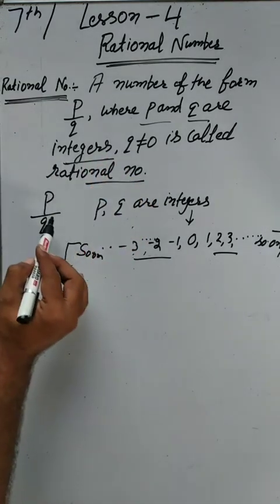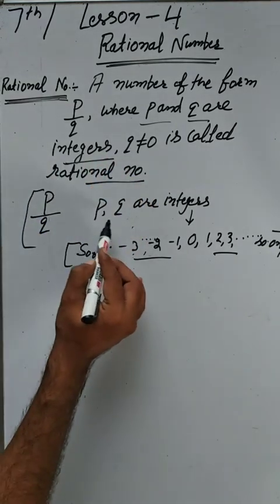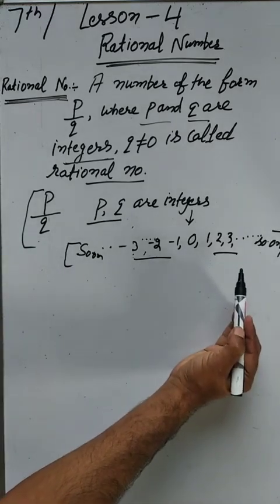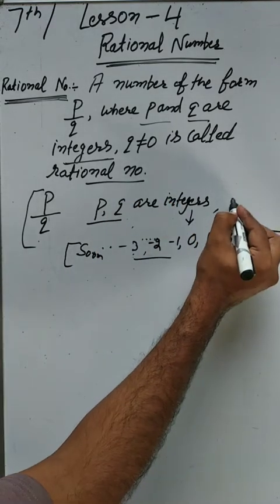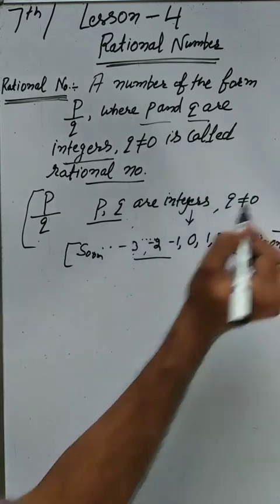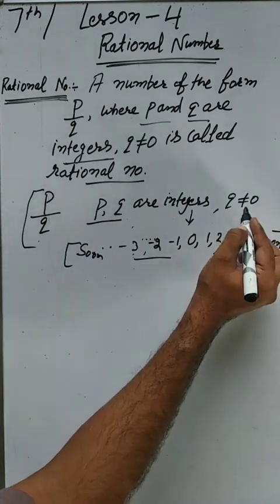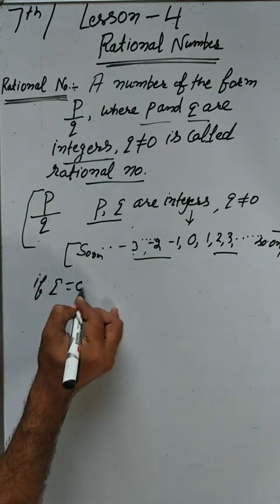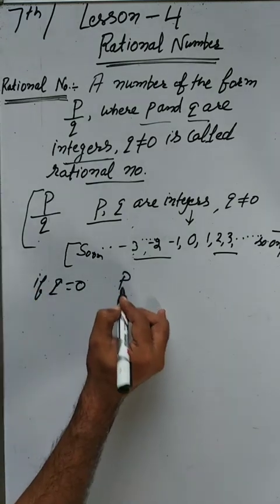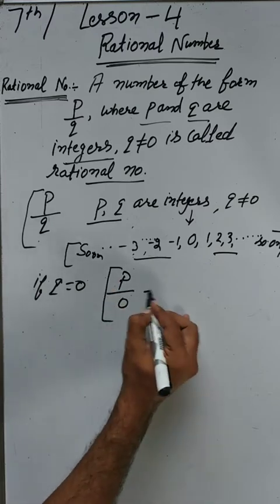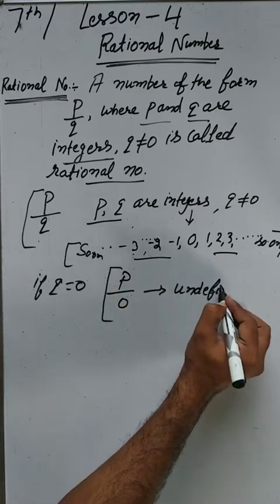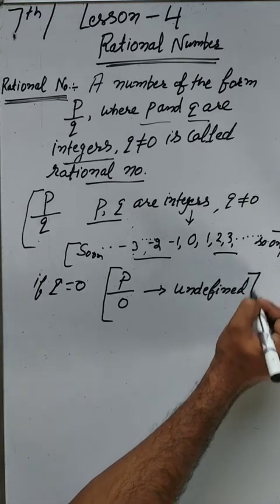So rational numbers are of the form P upon Q. P and Q should be integers in that form, and Q should not be equal to 0, because if Q is equal to 0, then P upon 0 becomes undefined. Understood?